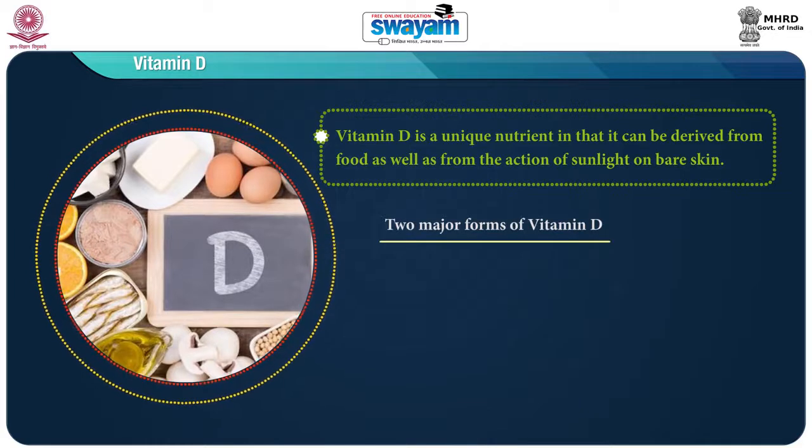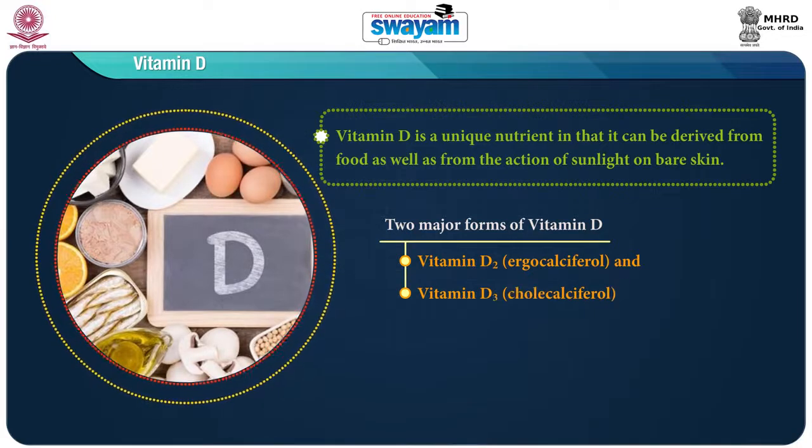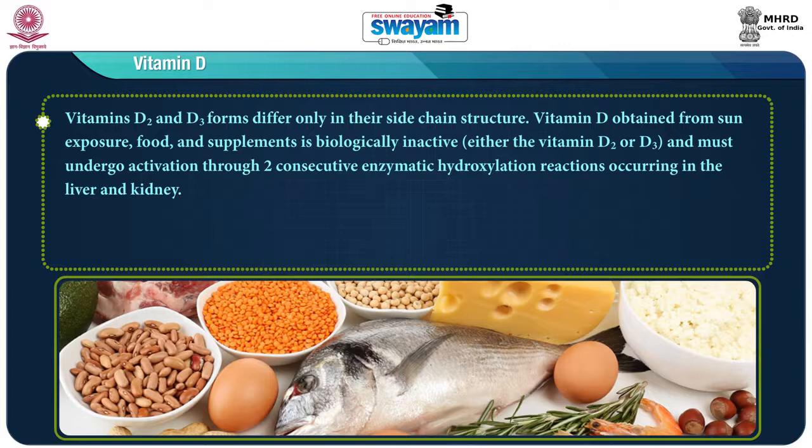Two major forms of vitamin D are vitamin D2, that is ergocalciferol, and vitamin D3, cholecalciferol. Vitamin D2 and D3 differ from each other only in their side chain structure.